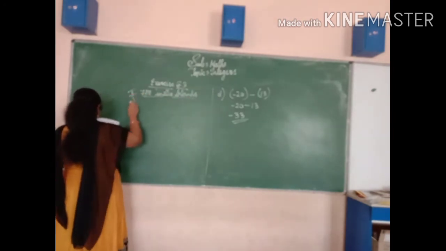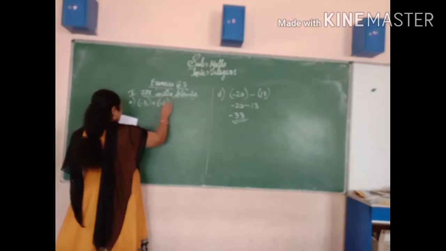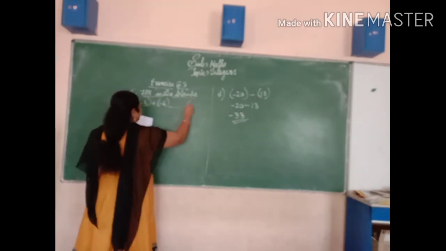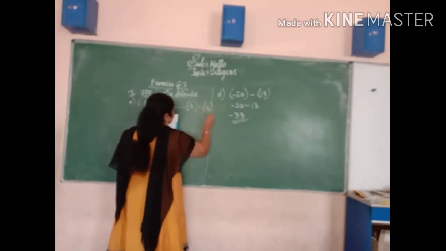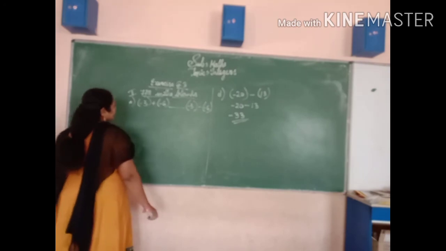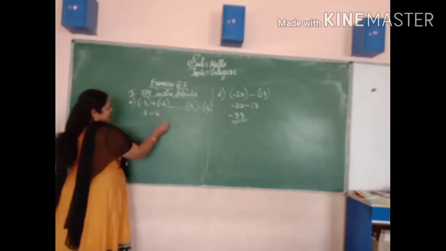First one, A, minus 3 plus minus 6. Minus 3 minus 6. So which is greater? Here we have minus 3 plus into minus 6.